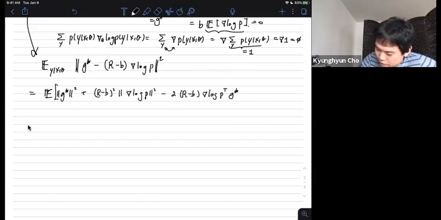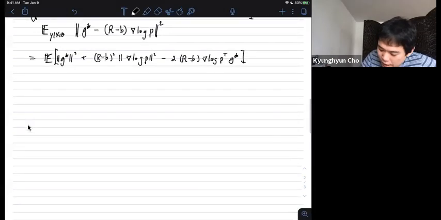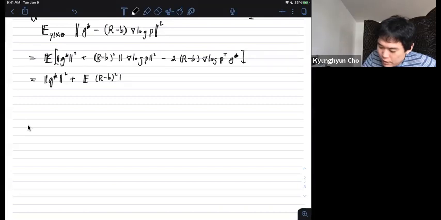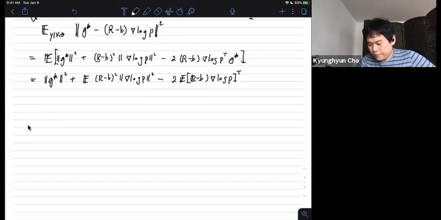And then this expectation applies to the entire thing. Now, the square norm of G star does not depend on Y, right? So this one comes out, and then we need to look at the expectation of the (R minus B) squared times the square norm of the gradient of the log probability, minus 2 times the expectation of (R minus B) times the gradient of log P transpose G star.